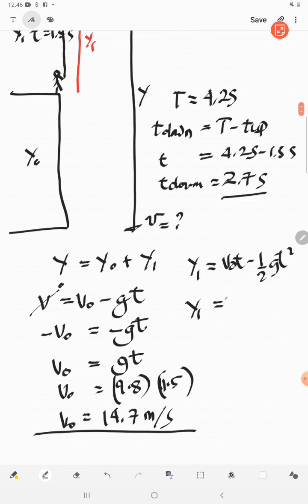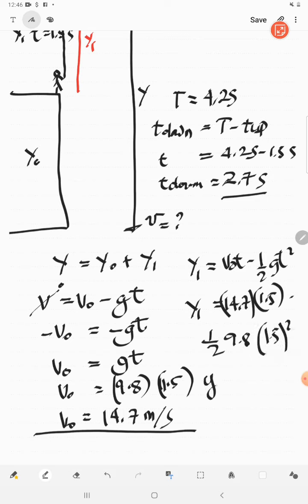And V naught, now you have the answer: 14.7 times the time is 1.5, minus 1 half times 9.8 times 1.5 squared. So y sub 1 is equal to 14.7 times 1.5, divided by 2, and your answer is 11.025 meters.